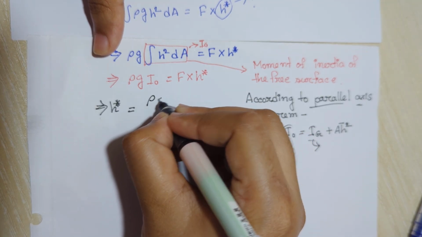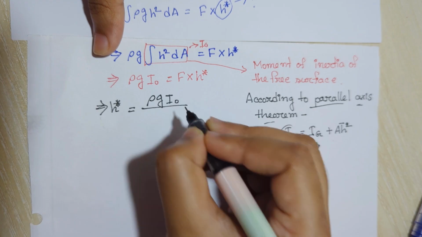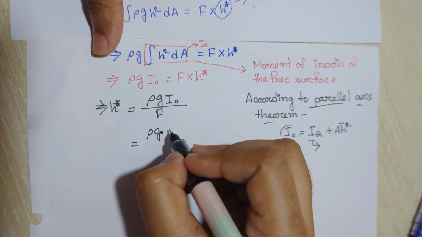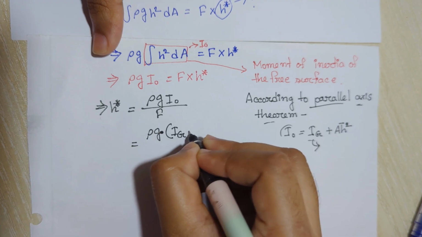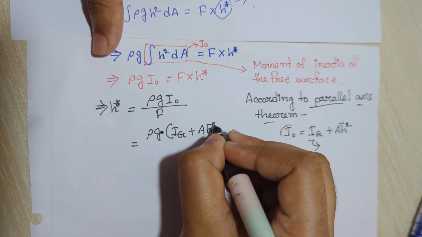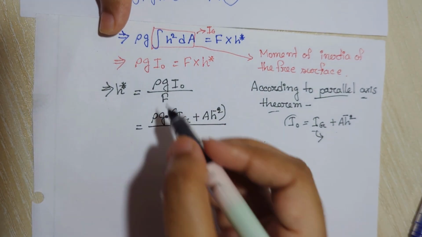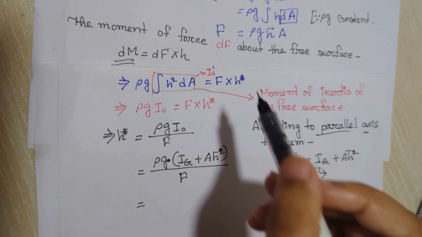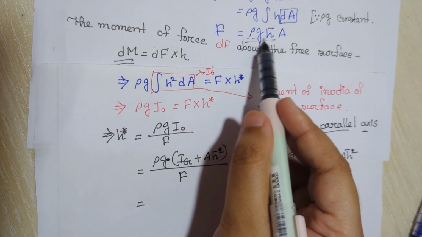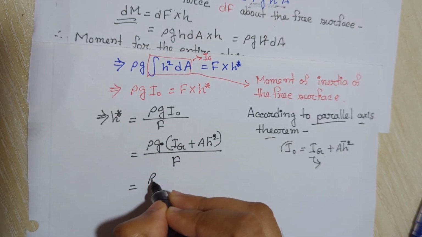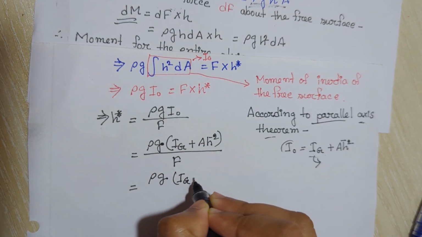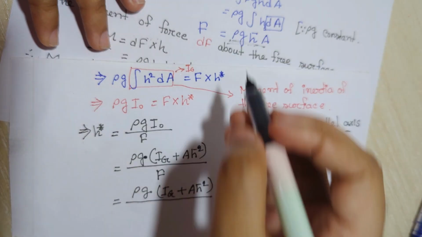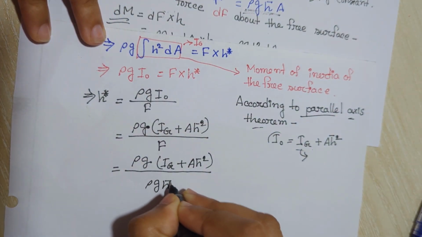So here remains rho g I naught divided by F, and rho g into Ig plus A h bar square. We just replace this term instead of I naught divided by F, and if we put the value of F from this equation, we will write rho g into Ig plus A h bar square divided by F equals rho g h bar A.